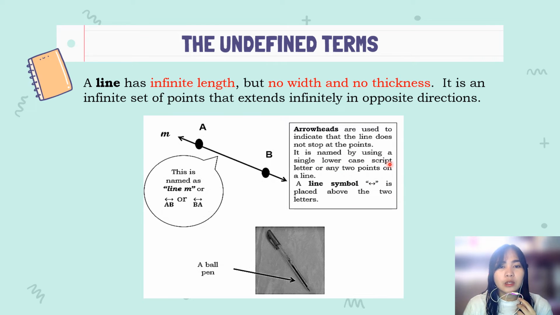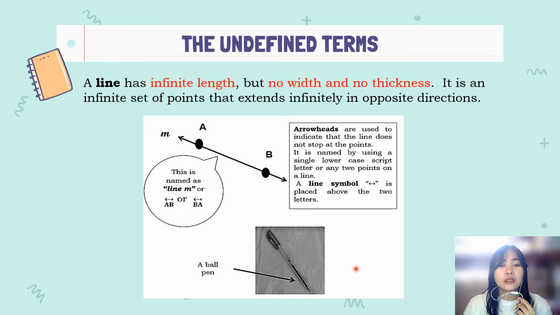It is named by using a single lowercase script letter, like this one, line M, or it can also be represented by two points, line AB or line BA. So how do we name a line? It can be line M, or line AB, or line BA.